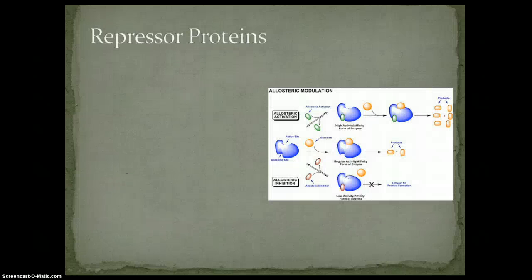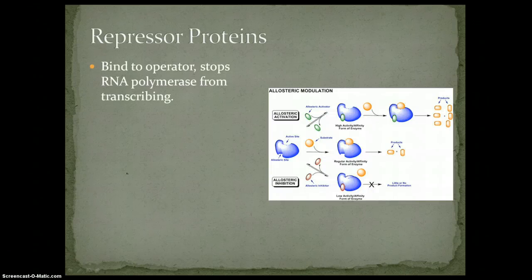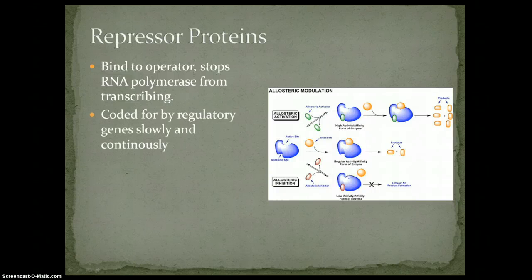Sometimes the way this works with the operator is that you have proteins that repress the substance. A protein will bind to the operator, and it will stop RNA polymerase from transcribing whatever gene it is that we need. Now, these repressor proteins are coded for by other sections of your DNA.